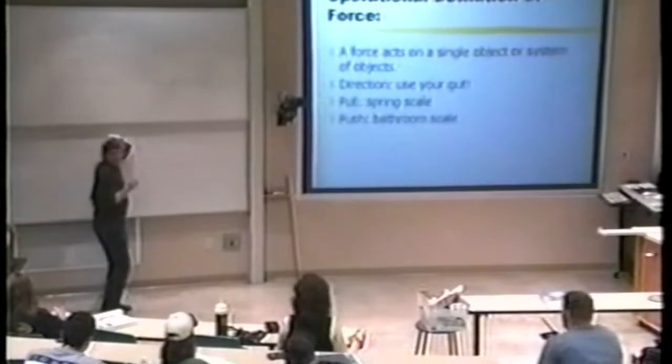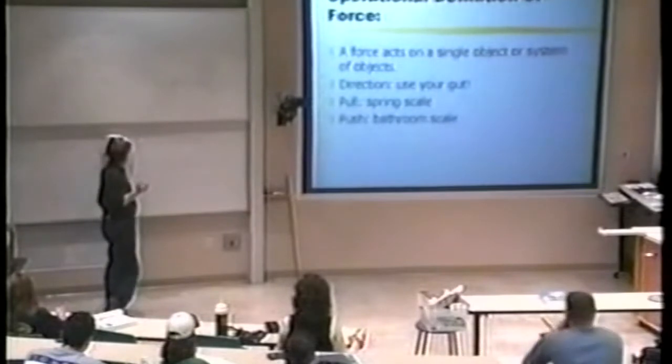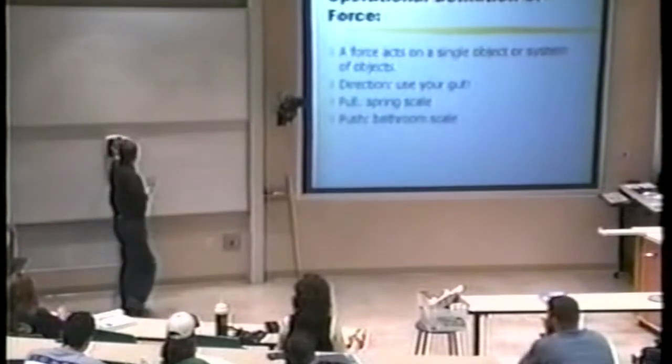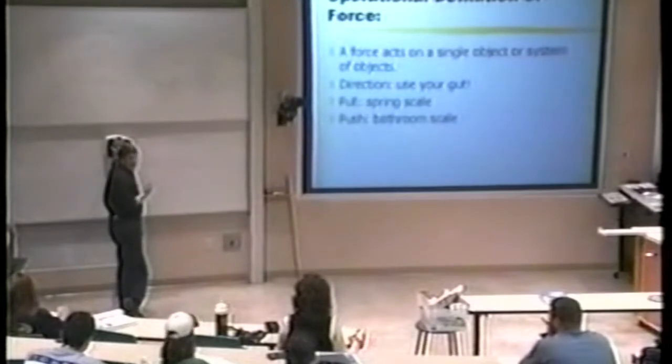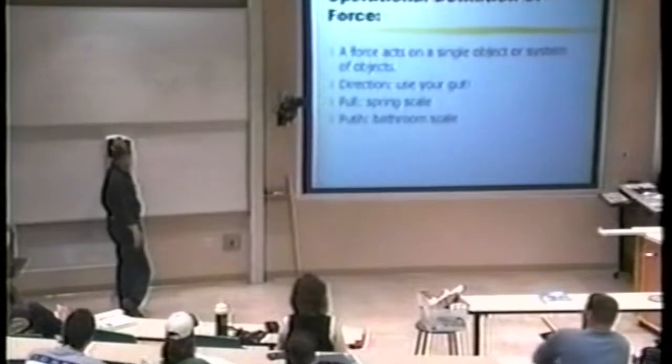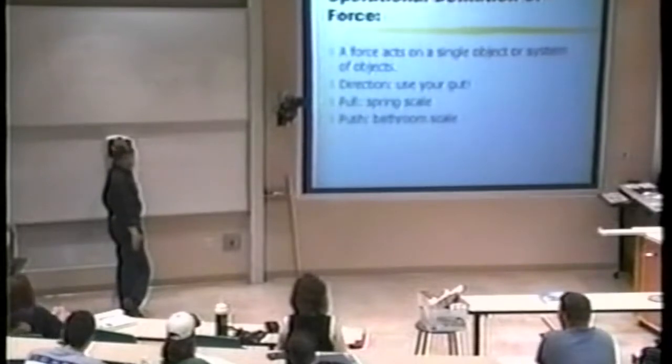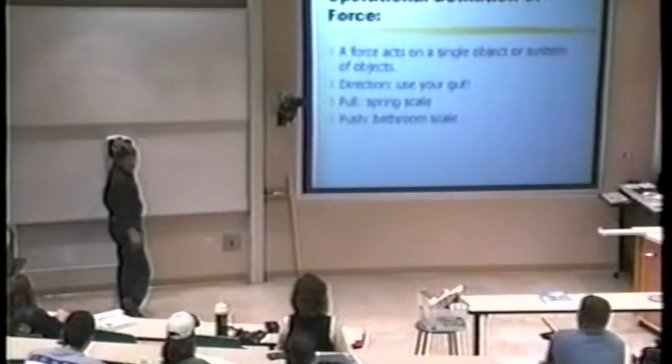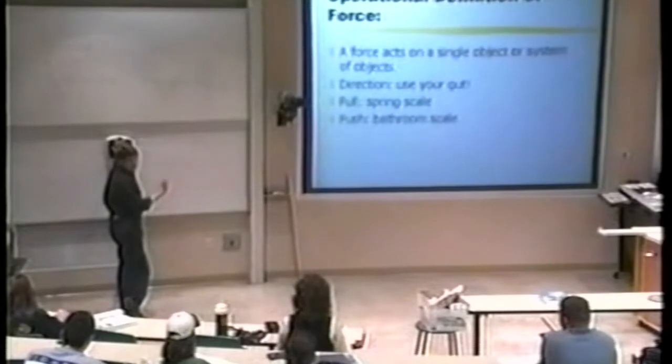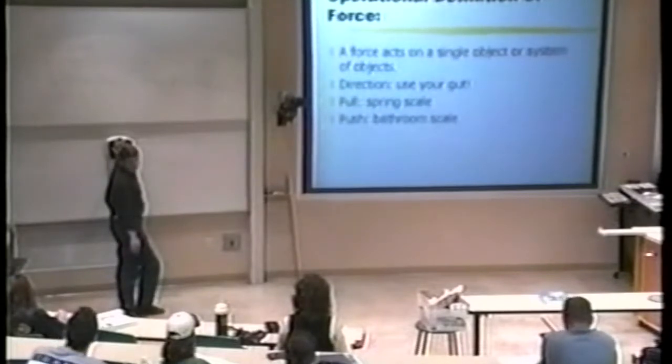Now let me ask you a question. Suppose I'm pushing on this and I have a push that reads here 32. And let's suppose that the wall did really have eyes and could see. And suppose that instead of this bathroom scale being the way it is now, it were somehow magically flipped so that I couldn't read it, but the wall could, if the wall had eyes.